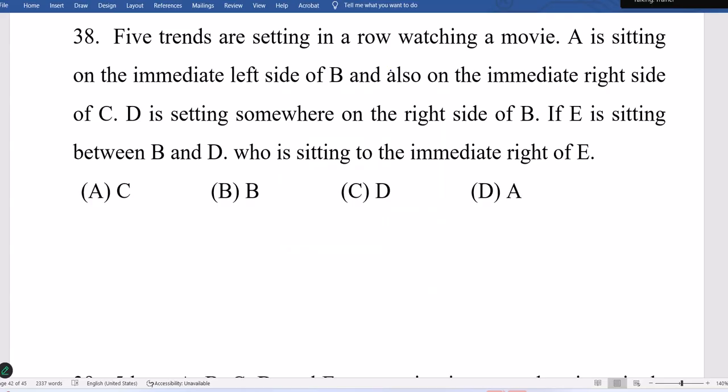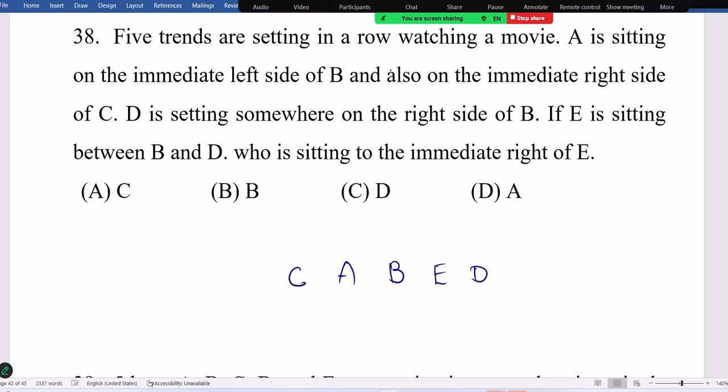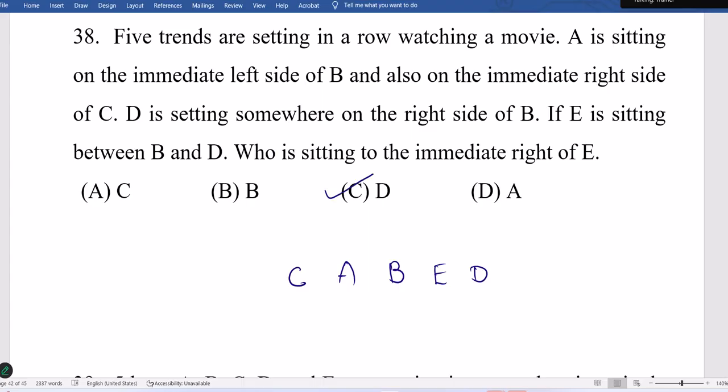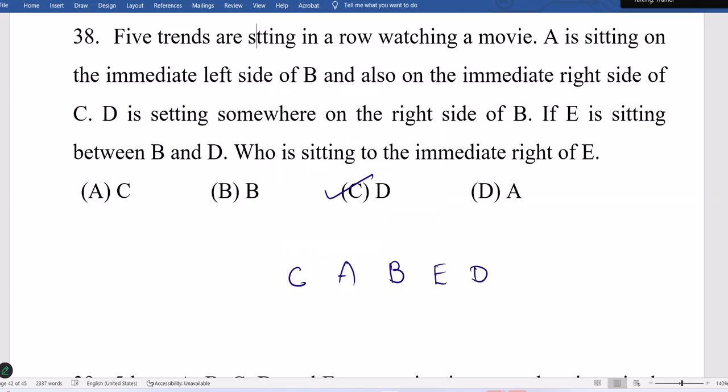A is sitting to the immediate left of B and also on the immediate right of C. D is sitting somewhere right side of B. E is sitting between B and D. Now the question, who is sitting to the right of E, is nothing but D. Option C, as per option C, the person is D.